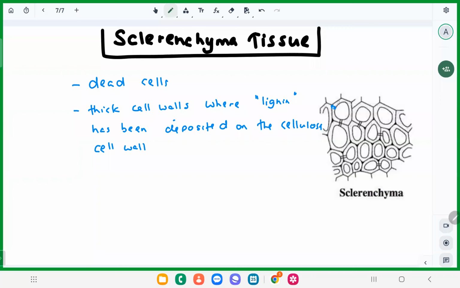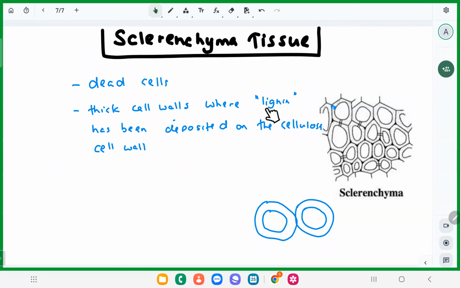All right. So if you ever see a diagram like this, where the cells have thick cell walls with nothing inside, that's probably going to be a sclerenchyma tissue. All right. So these are the identifying factors. They are dead cells with nothing inside, and they have pretty thick cell walls. Why are they thick? Because there's this additional substance called lignin that has come into these cell walls.